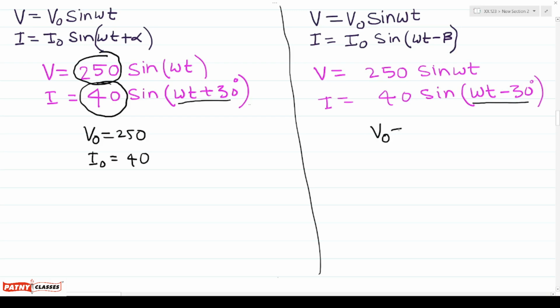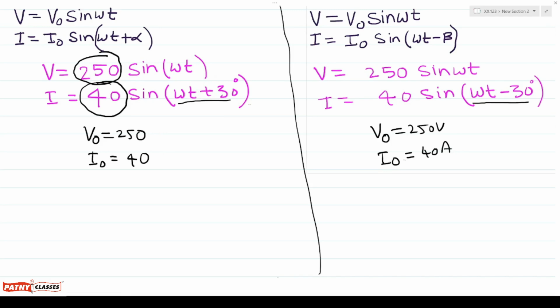The peak value of voltage is 250 volts, and the peak value of current is 40 amperes, as in case number 1. But the difference coming here is a plus 30 in case 1 and a minus 30 in case 2.